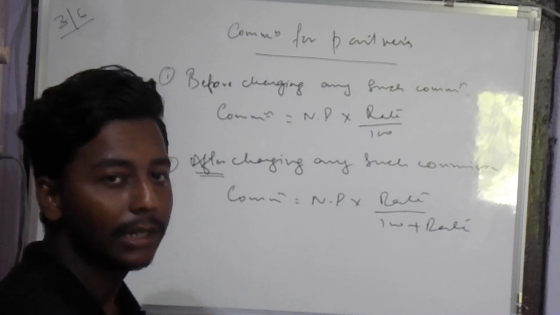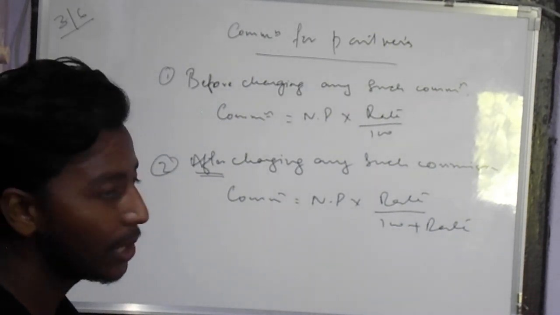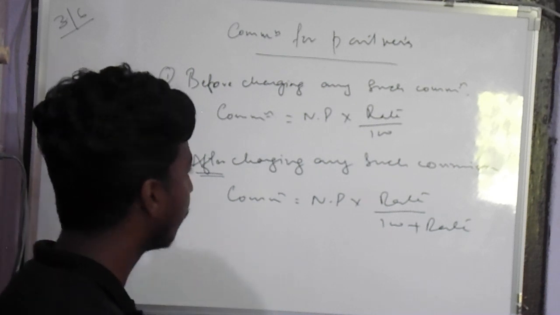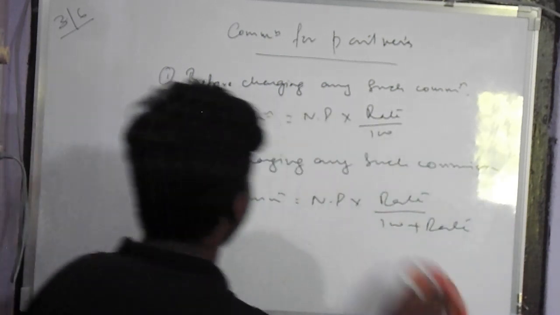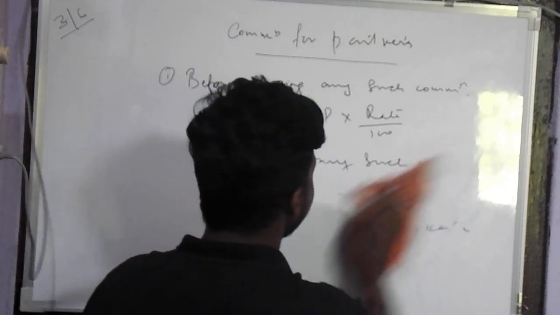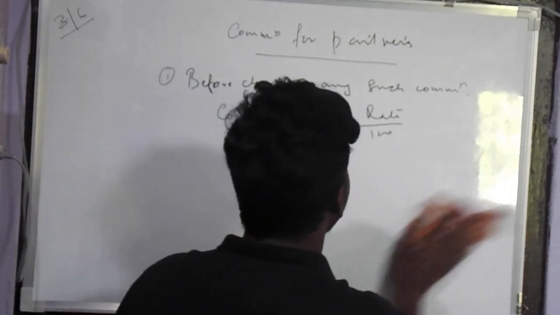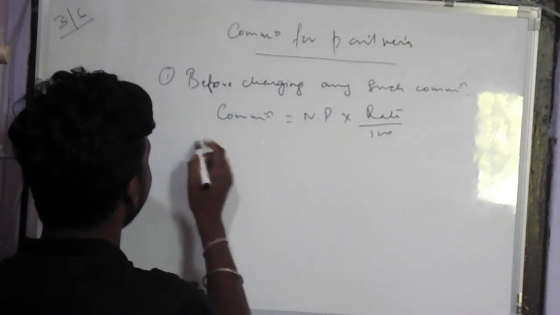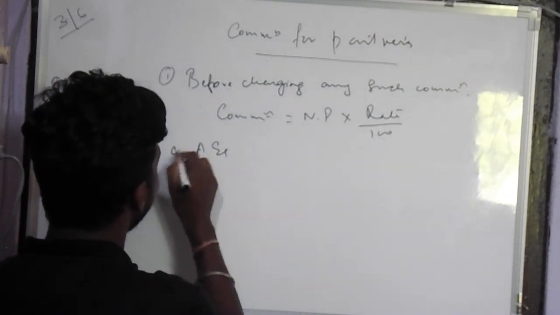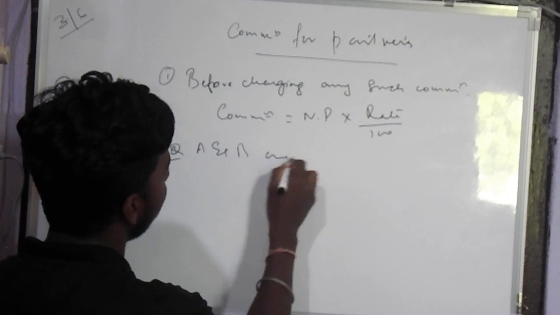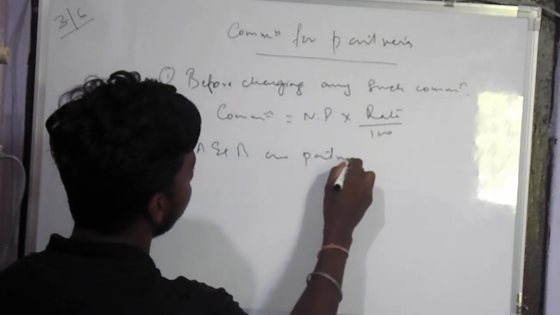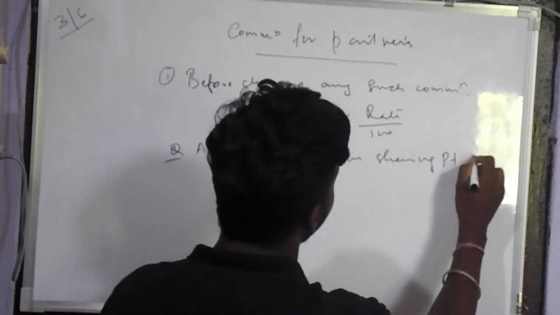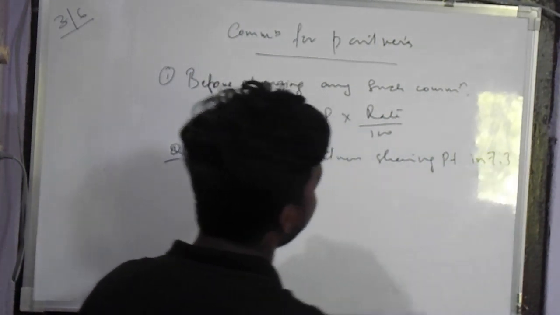Okay, now let us take two different questions for these cases. Okay, it will be very much clear for you. So let's first do the before charging case. Suppose A and B are partners sharing profit in 7:3.